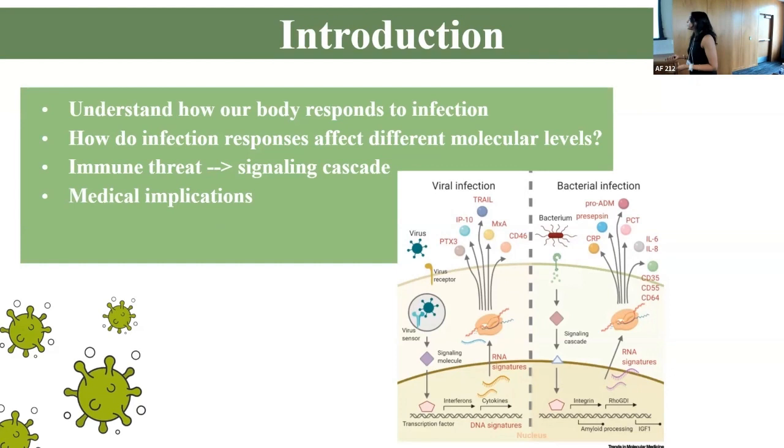For example, bacterial pathogens are more susceptible to destruction by complement proteins, whereas viral pathogens are more susceptible to damage by interferons or cytotoxic T cells. So seeing how the molecular mechanisms are changed or activated during an infection response is important in order to aid in the development of targeted therapies.